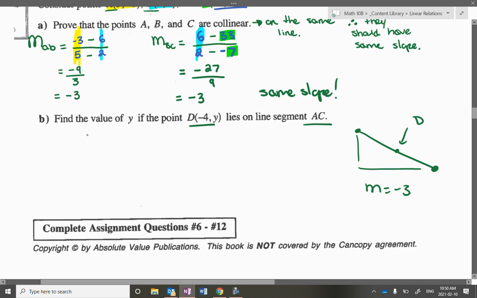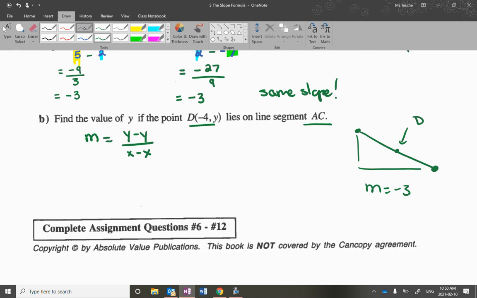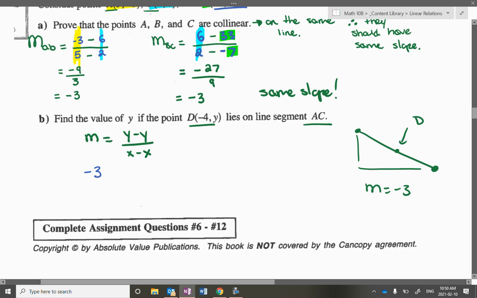When we write out our equation, we have m is equal to y minus y over x minus x. In this case, my slope is -3, so I can substitute that in. We don't know y, so I'm going to leave y there. I know the x coordinate, though, is -4.